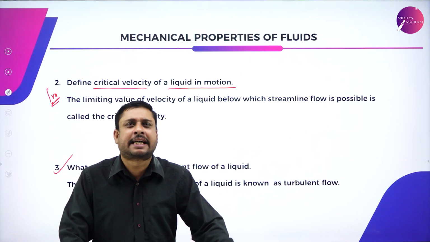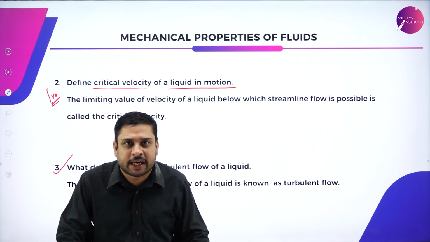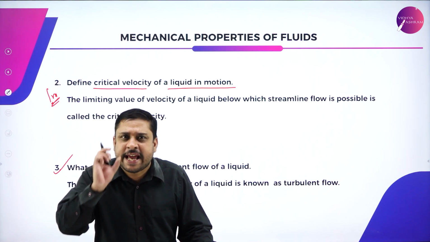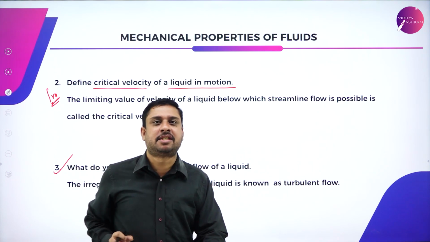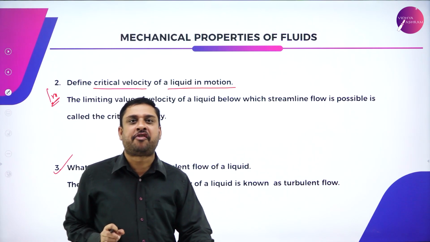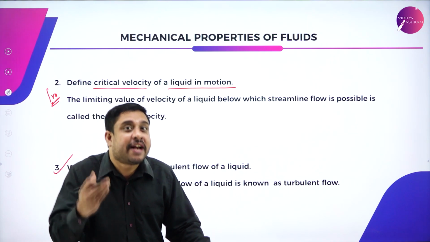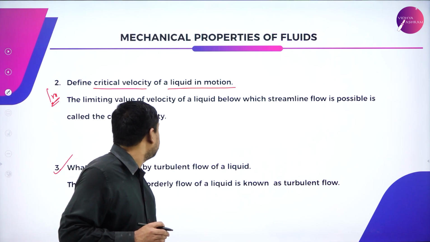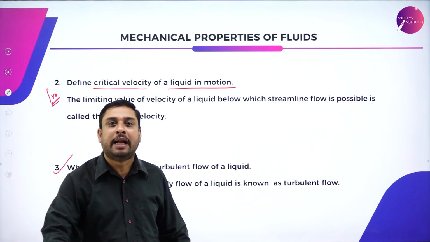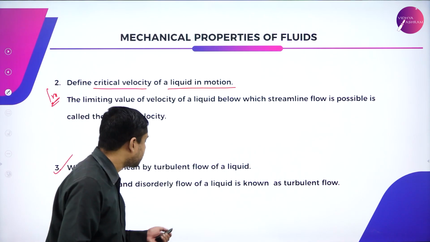Why? The critical velocity is broken down. At every single point in the path of the flow, each particle has different velocity, and that is what is called turbulent flow.